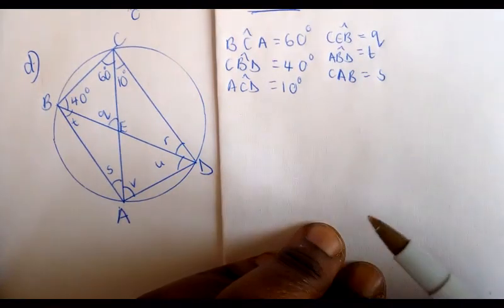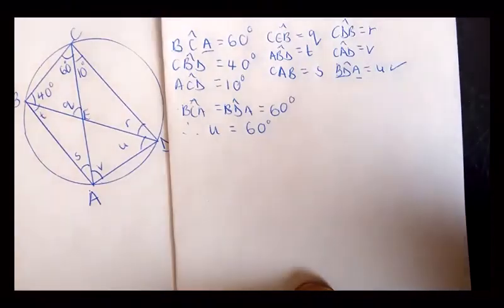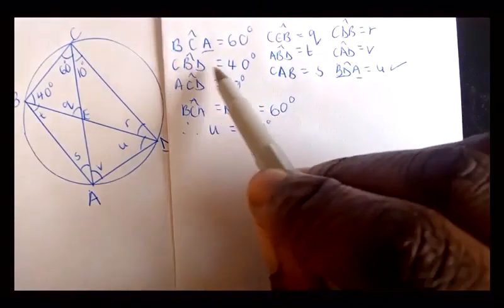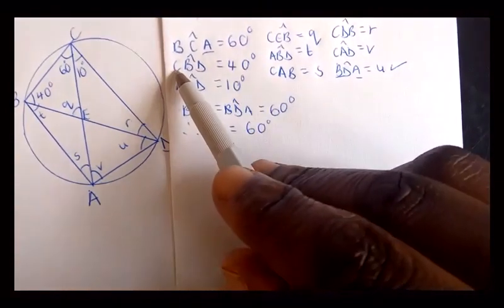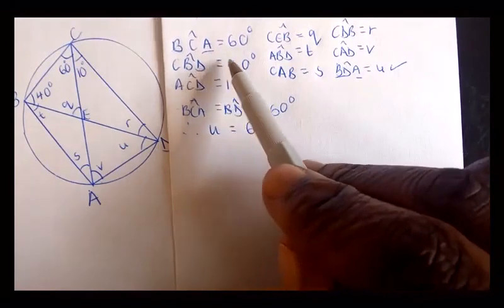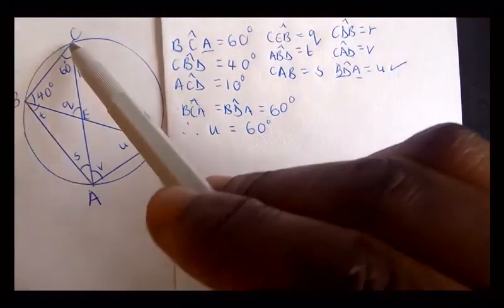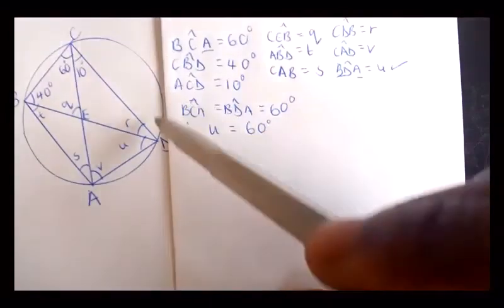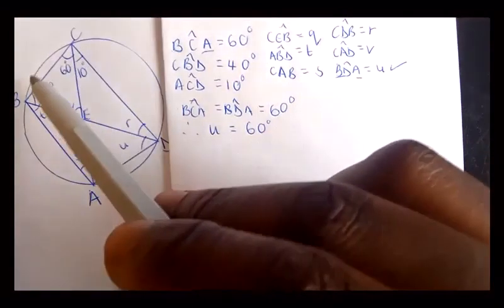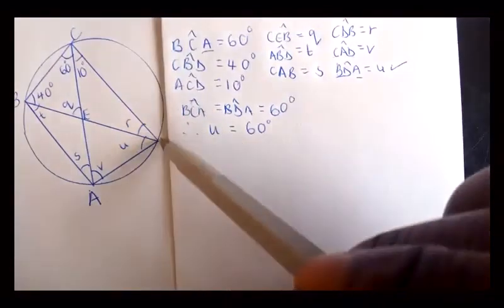Then for the next angle, we look for an angle that is similar to this 40 degrees, an angle that starts with C and D. Where is it? This starts with C and D, angle V. CBD is subtended by this arc, and CAD is subtended by this arc.